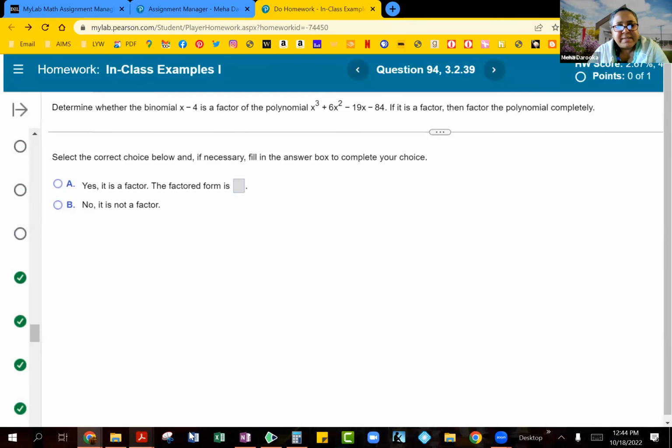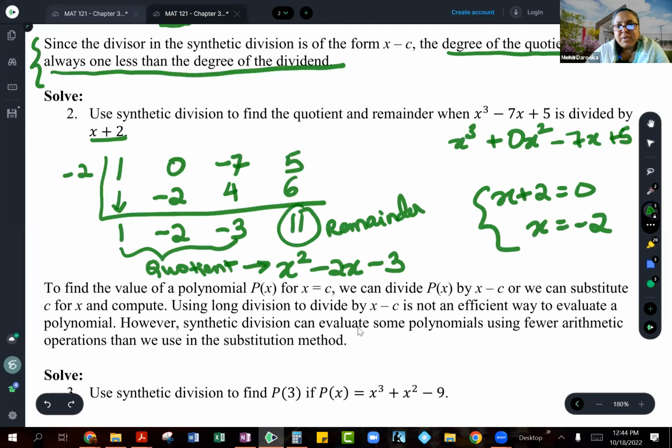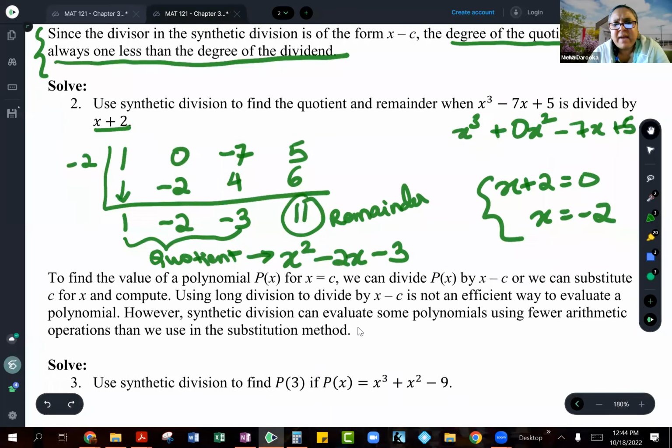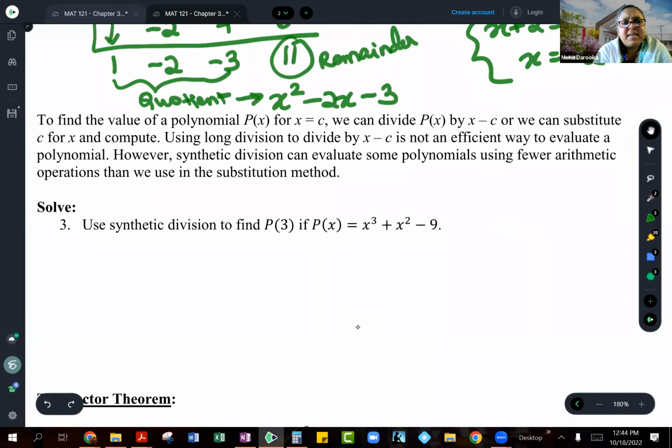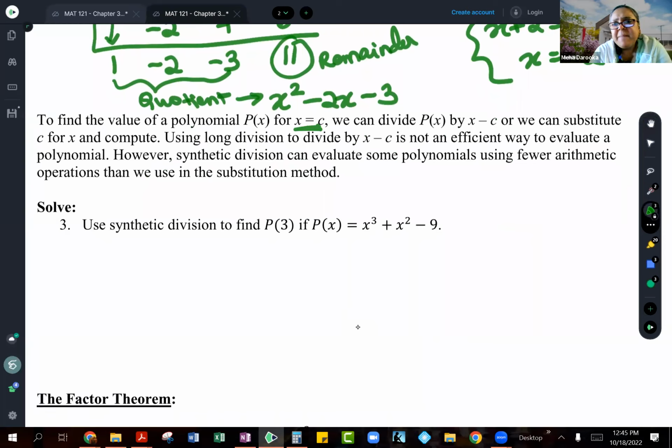Okay, so we're kind of building up on that now. So we have our synthetic division. And then this little paragraph over here is just basically talking about kind of the same thing. To find the value of your polynomial, you can take whatever number you're dividing by and put it into your polynomial, the p of x.